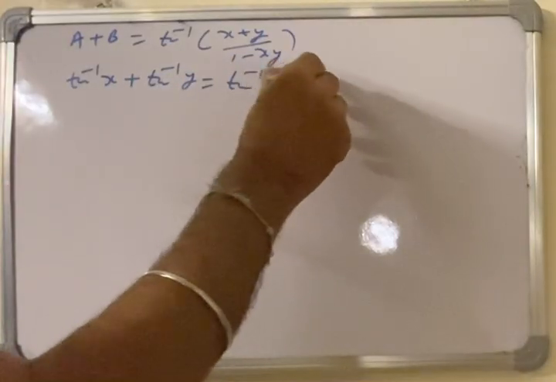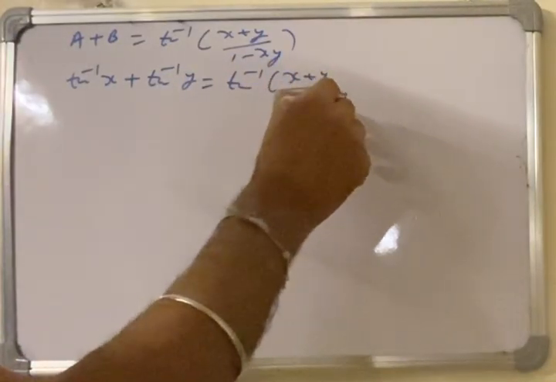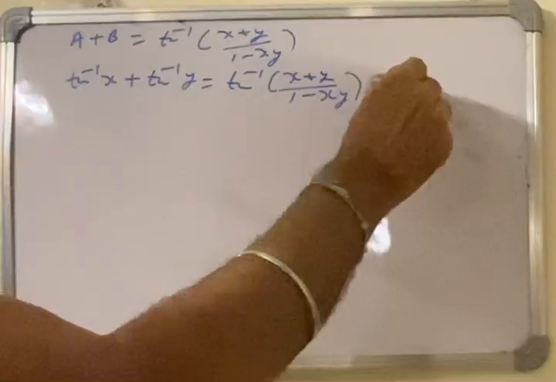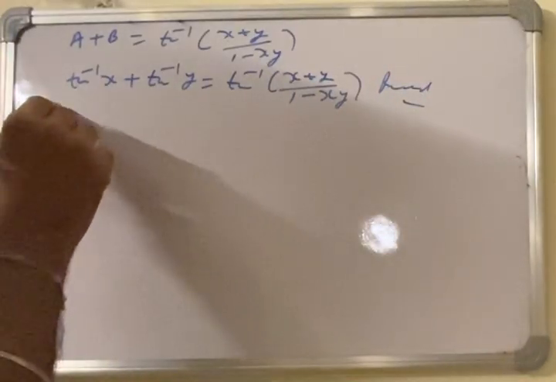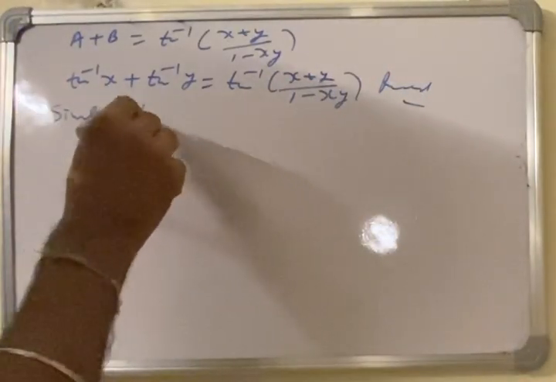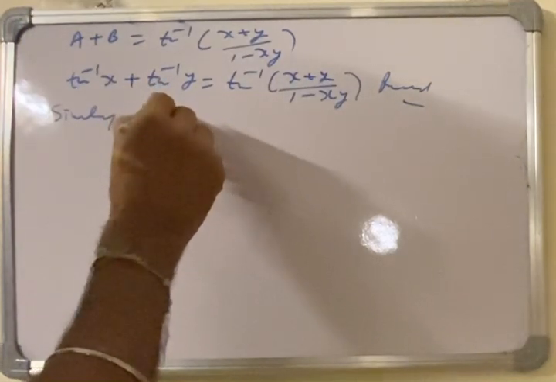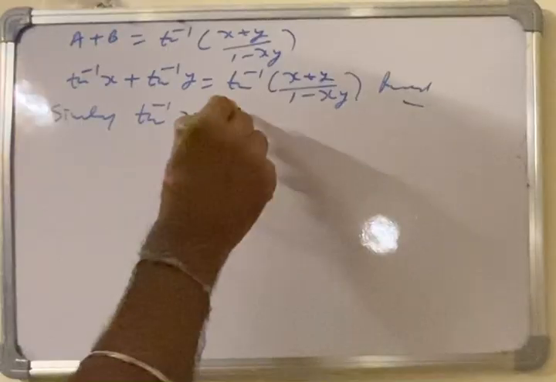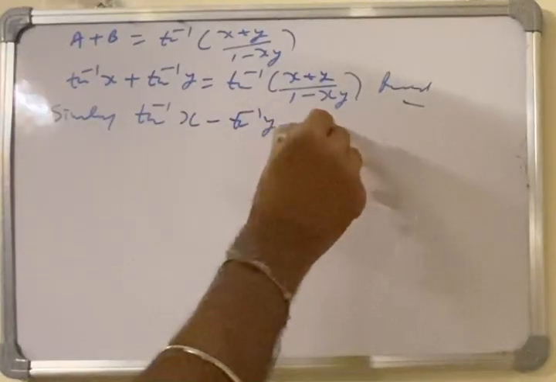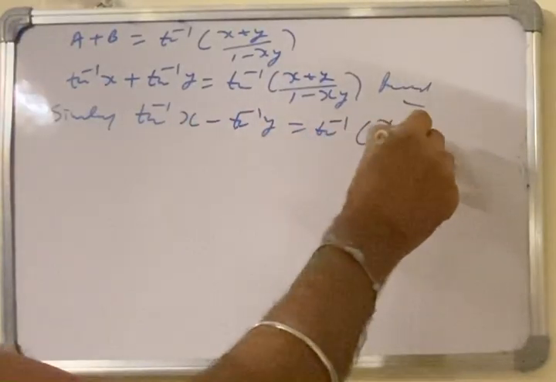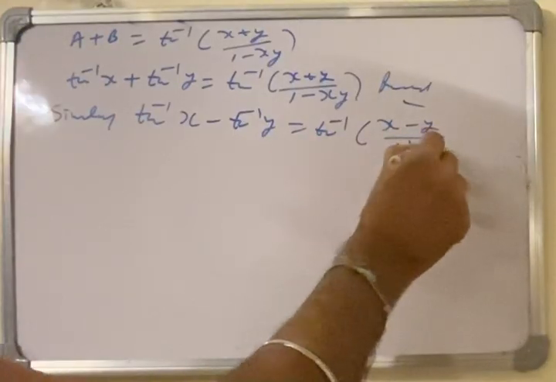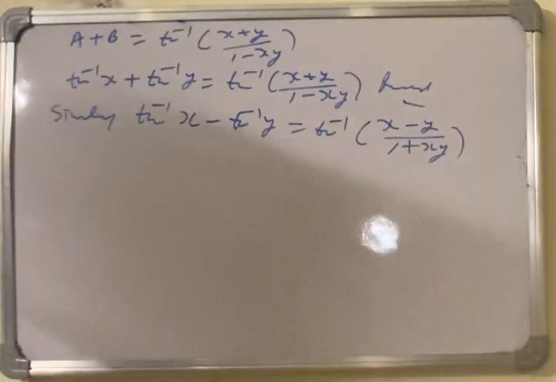Hence proved. Similarly, tan inverse x minus tan inverse y is equal to tan inverse of x minus y over 1 plus xy. You can do it in the same way.